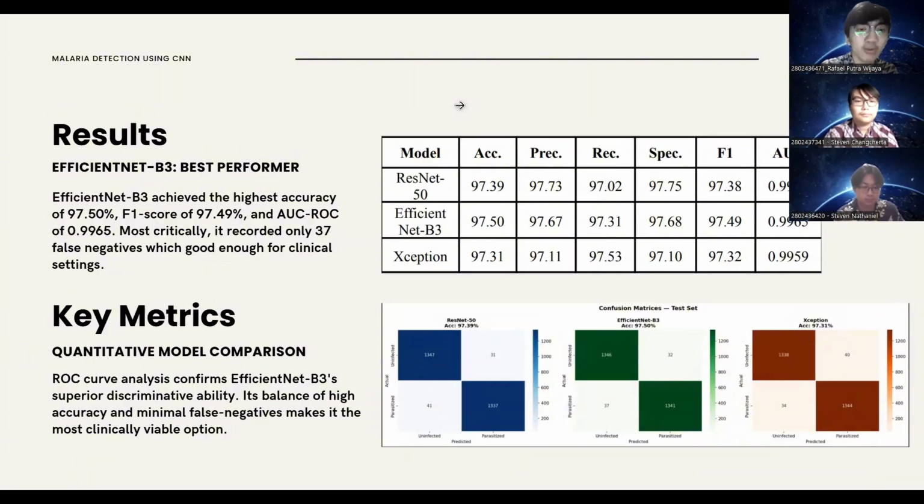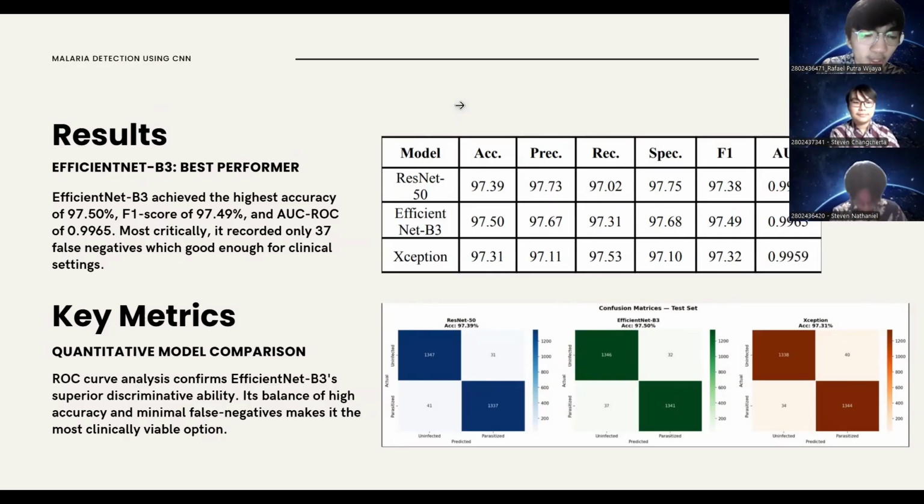Okay, thank you, Stephen and Nathaniel. Now to the results. EfficientNet B3 was our best performer, achieving 97.50% accuracy, an F1 score of 97.49%, and an AUC ROC of 0.9965. Most importantly, it only produced 37 false negatives, a low enough level to be clinically meaningful. And it wasn't just one model.